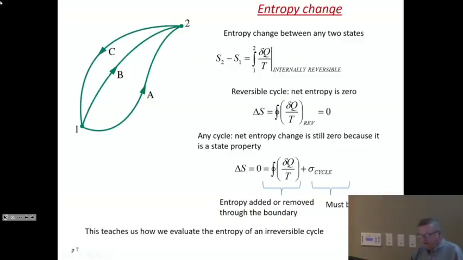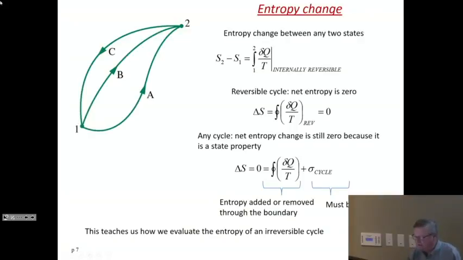I review again this concept of entropy change. If we go from 1 to 2 through the reversible process, we have S2 minus S1 is this delta Q over T for an internally reversible process, which means that if I have a reversible process between A and B and I come back, I have a net entropy change between 1 and 1 that is 0. Any cycle, though, can go through one way and come back through another way that is irreversible.